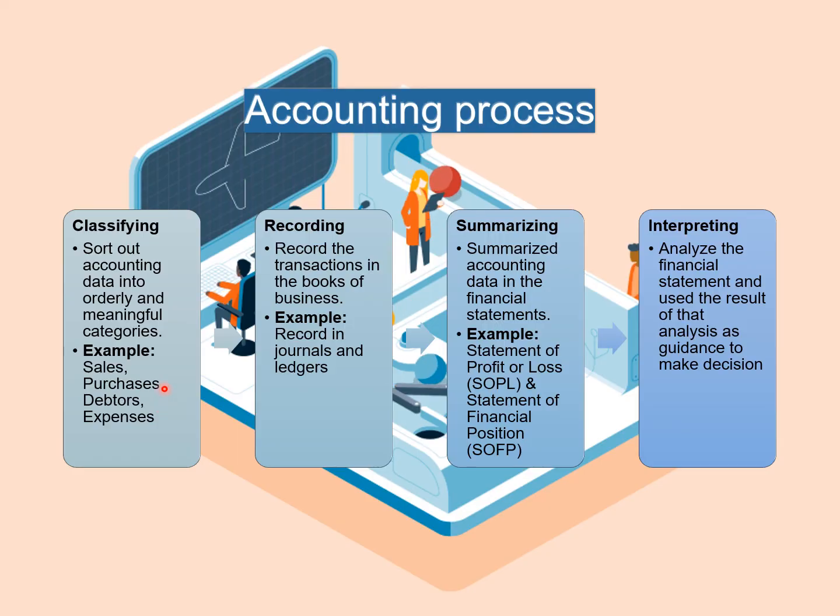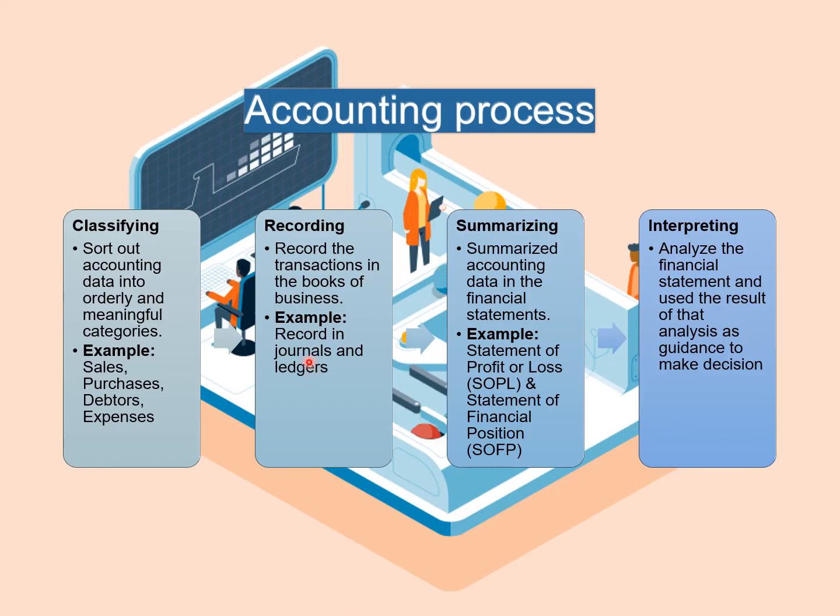And then lepas you dah classify dia, setiap kategori record ni you akan record dia. Setiap kategori dokumen yang you dah sort tadi tu, you akan record dia dalam the books of the business, which is dalam journals and also ledger. And then kita akan summarize. Bila kita dah record ni, kita record satu-satu, right?